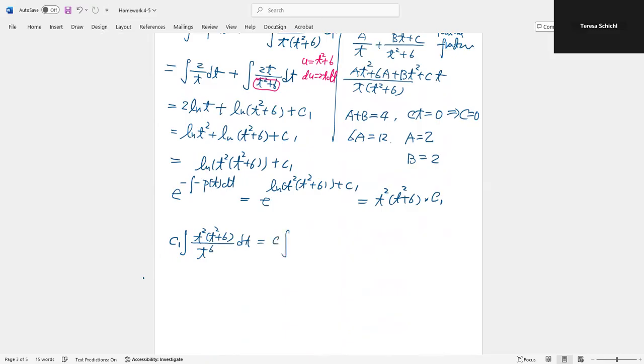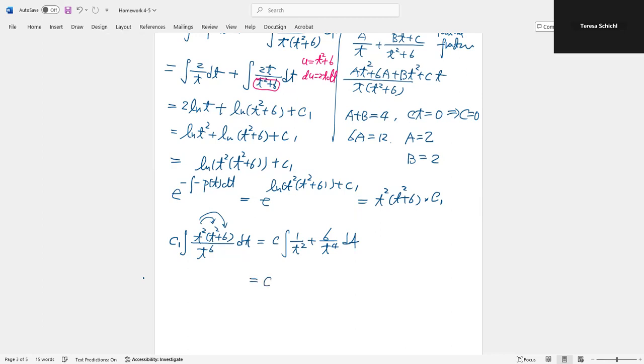Now I can simplify it. The first term is times t to the 4th, so this will be t squared plus 6 over t to the 4th dt. Now this is very simple integration.